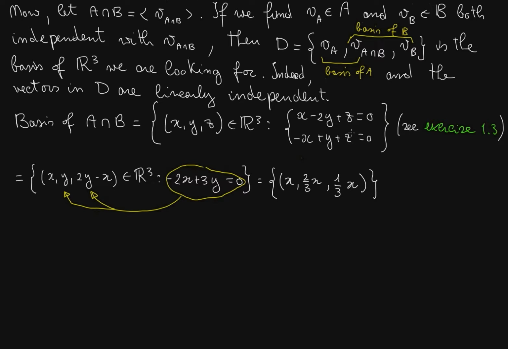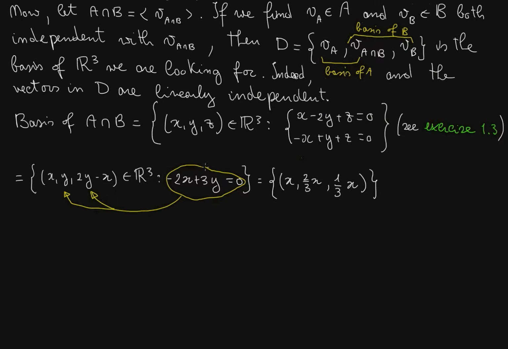But in the second equation there is a z, and the z is a function of x and y from the first equation. So plugging in the value of z that we get from the first equation, the second equation reduces to minus 2x plus 3y equals 0.